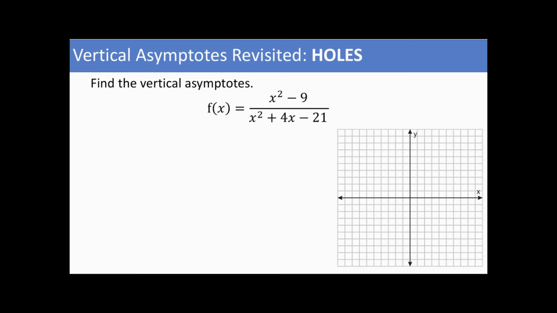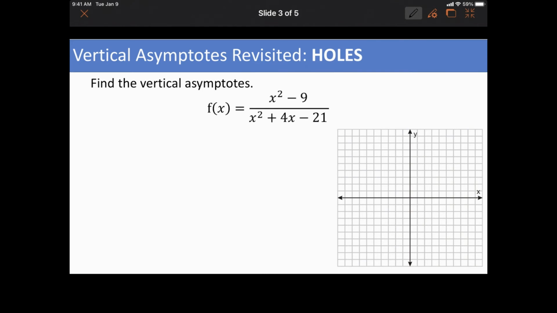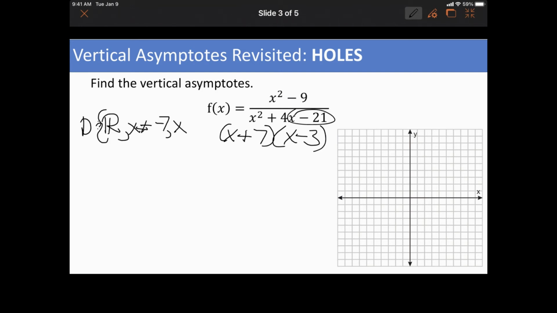So I'm going to factor the denominator, and factors of 27, 7 and 3, positive and negative. Okay. Then I would say that the domain is all real numbers except x can't be 7 and x can't be 3, right? That's true.